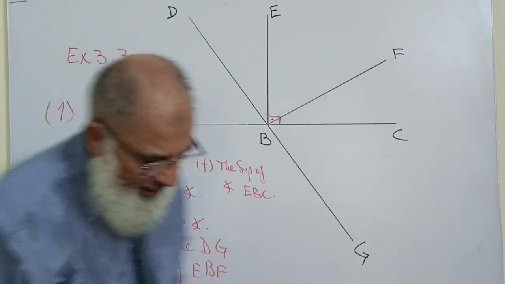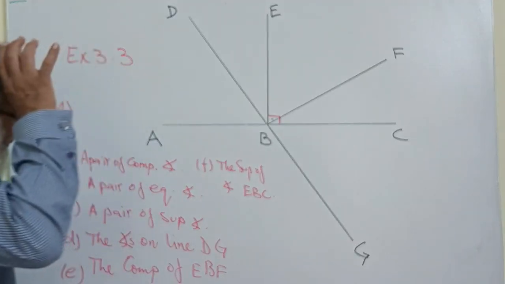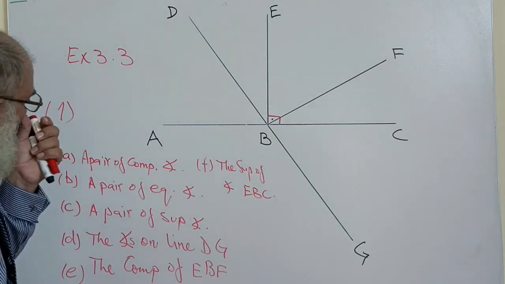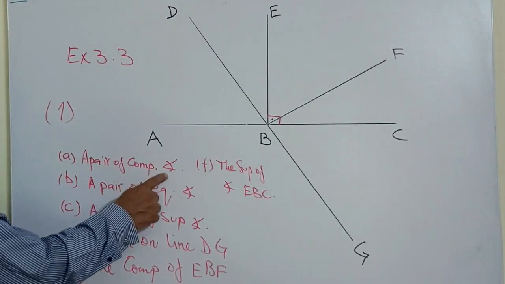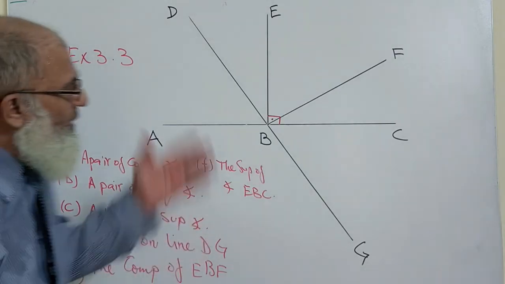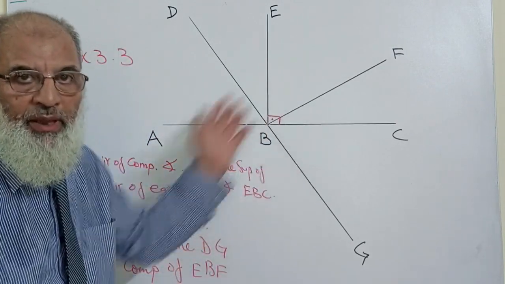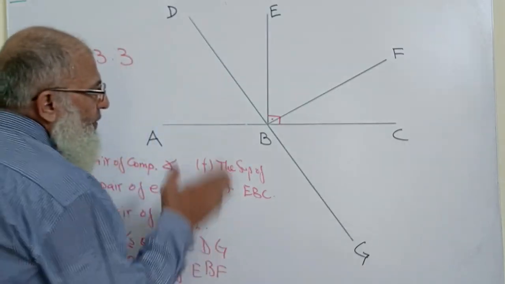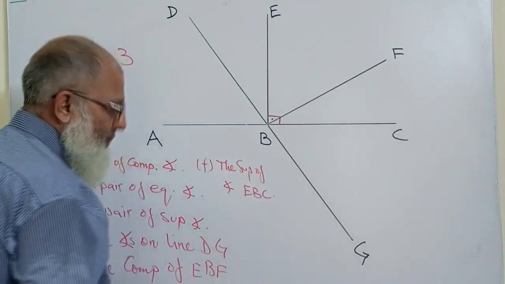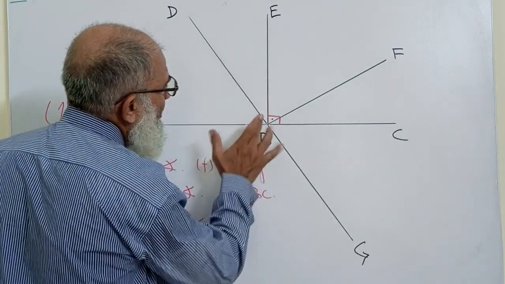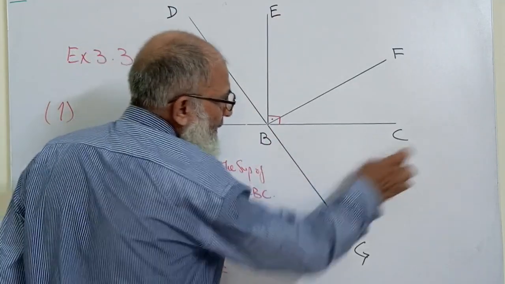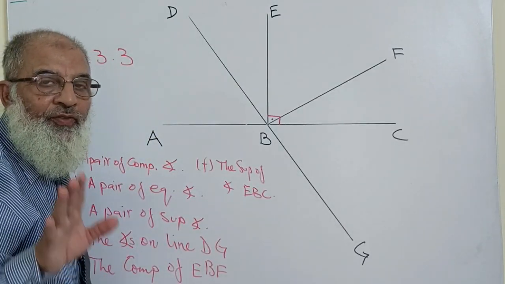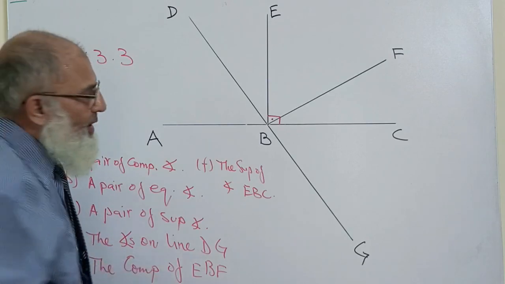Dear students, in part A, what is asked of us is a pair of complementary angles. In fact, there is not one pair, there may be several pairs in this diagram. So let us find what are the complementary angles in this. Now you see that EBC is 90 degrees, and complementary angles consist of 90 degrees when added together.